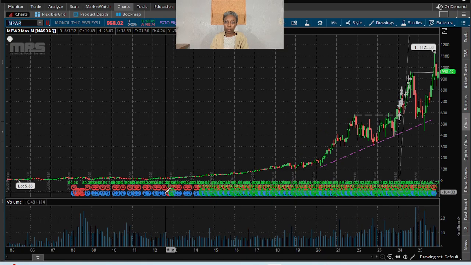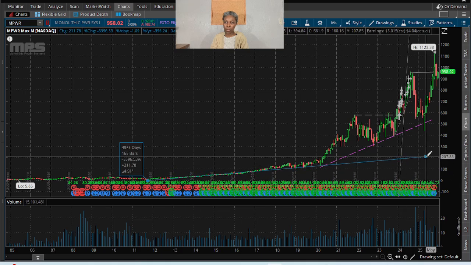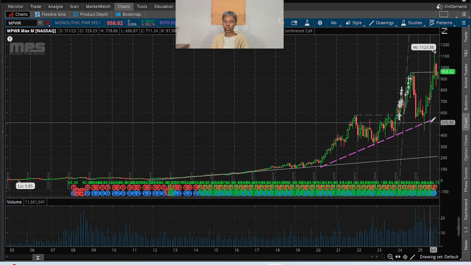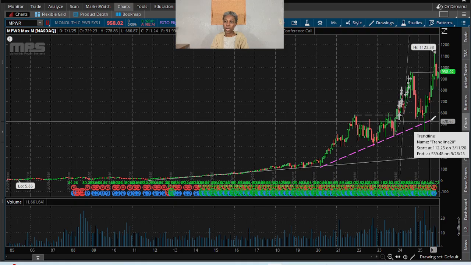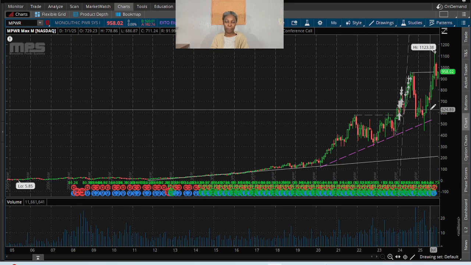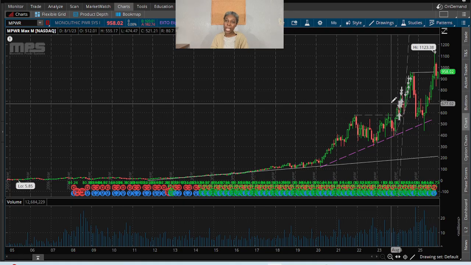Okay, MPWR. We have one valley line that we traced. We can see if there are more we can trace. We have this one that we can trace as well, but we are going to hold on to this one to be the one that we buy at. We have higher lows at the valley and higher highs at the mountain.